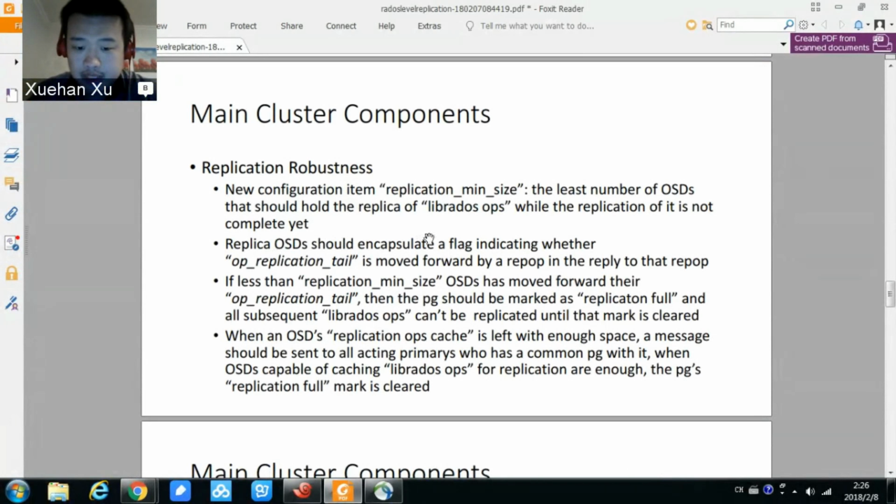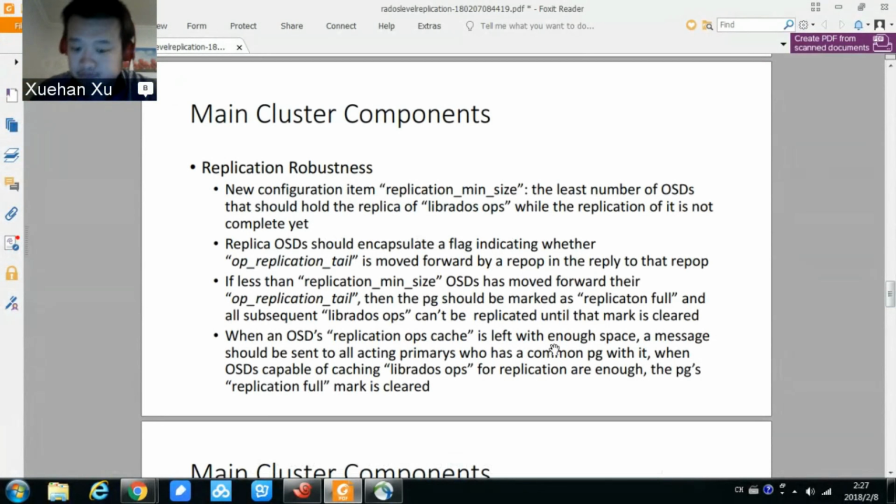Replica OSDs should encapsulate a flag indicating whether the replication tail is moved forward by a rep OP. In reply to that rep OP, this would make the acting primary aware of their current replication cache space.